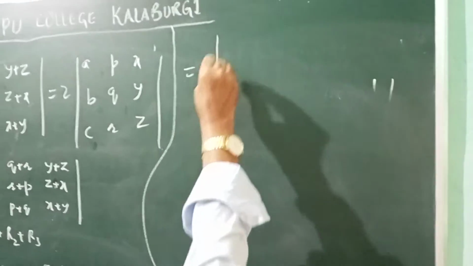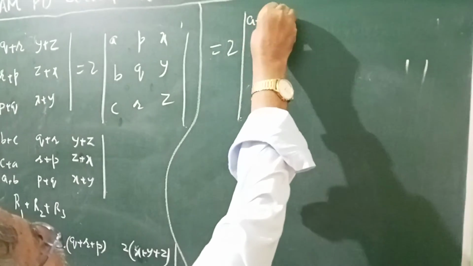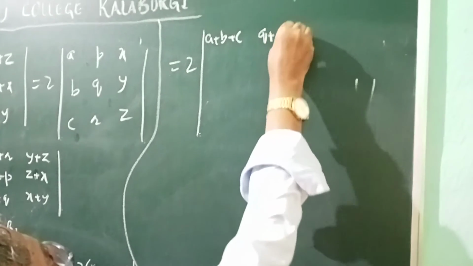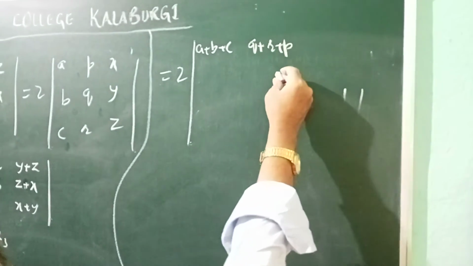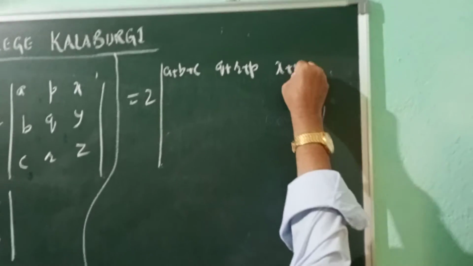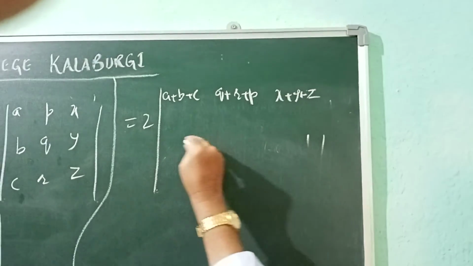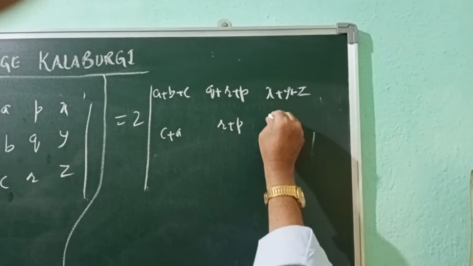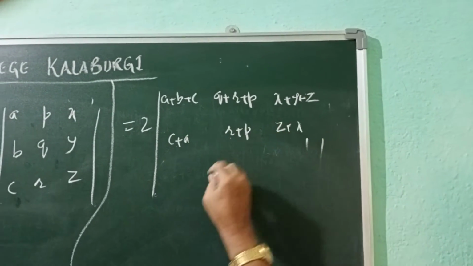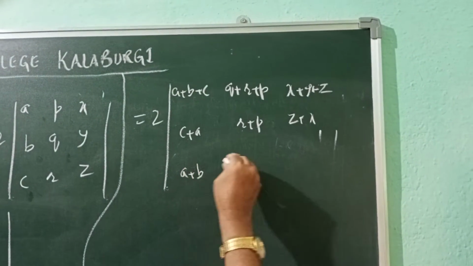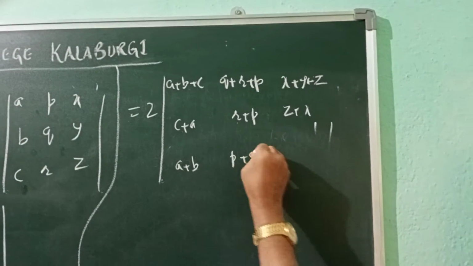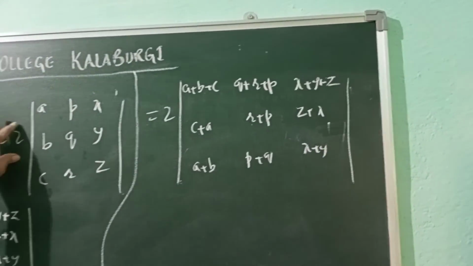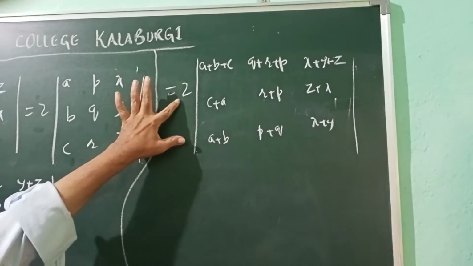Now look here: it is A plus B plus C, Q plus R plus P, and here X plus Y plus Z; C plus A, R plus P, Z plus X; A plus B, P plus Q, and here X plus Y. So now, one thing we got here.